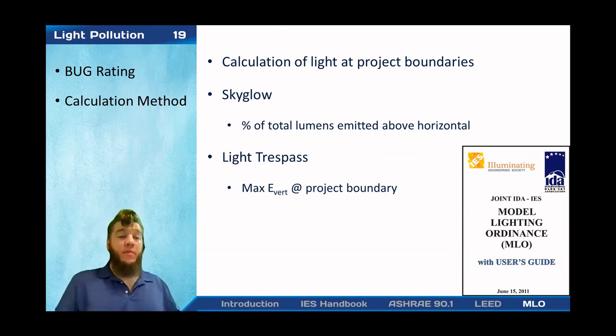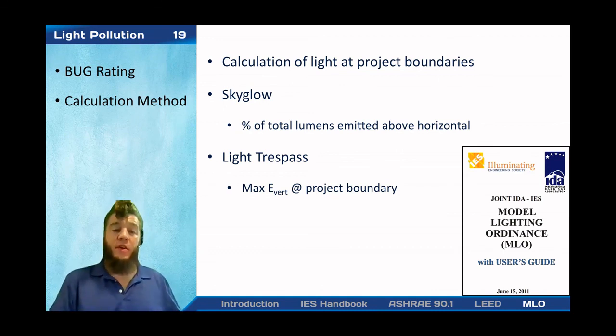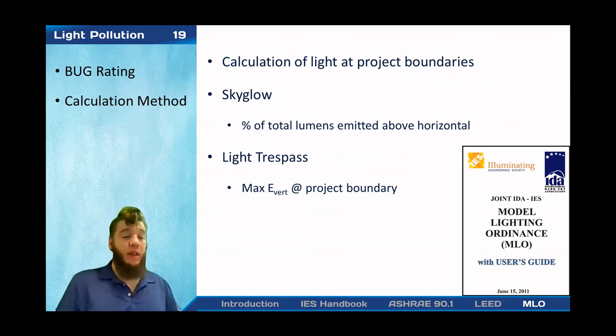There are some excellent AGi32 tutorials on this topic that will help you set up those calculation planes and get the specific values necessary to demonstrate compliance with the model lighting ordinance, which in turn demonstrates compliance with the LEED credit for light pollution reduction and gets the building site another point towards LEED certification.